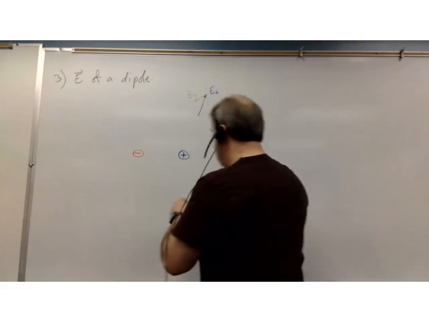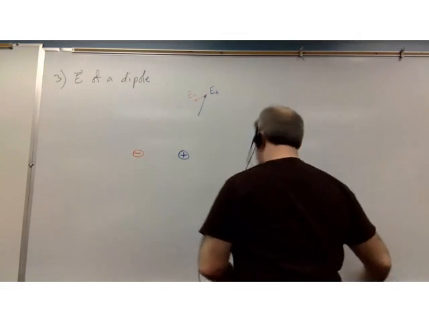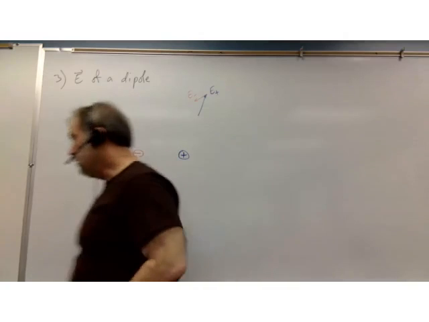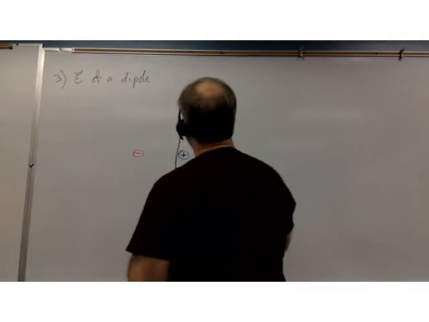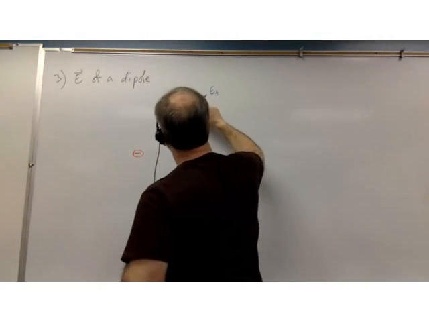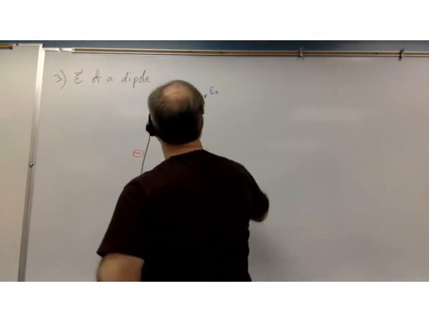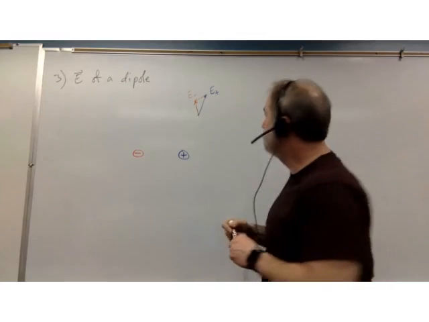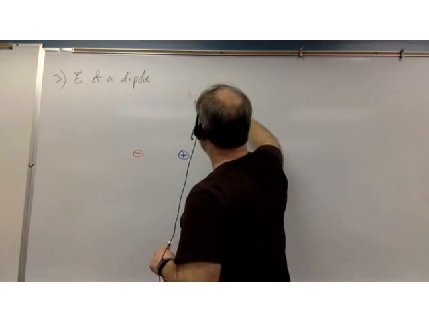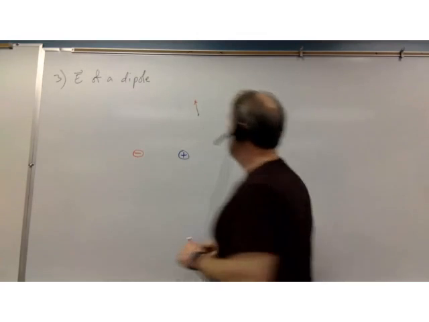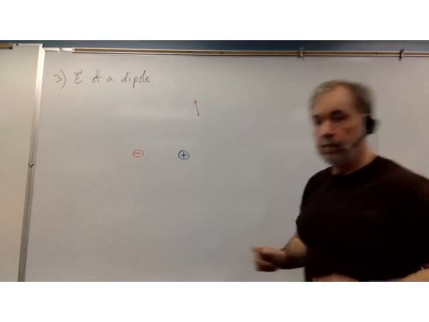Then the net field at that location, I guess I'll do it in brown, is drawn like that. And so that last vector is the direction of the net field at that location. Okay.